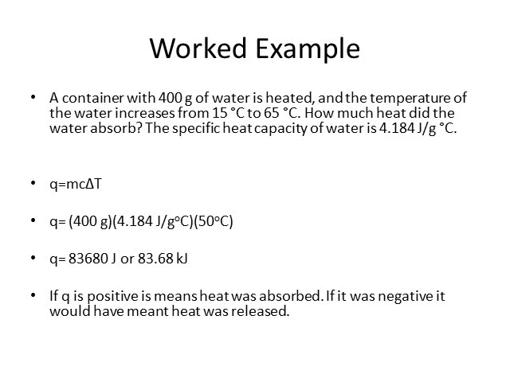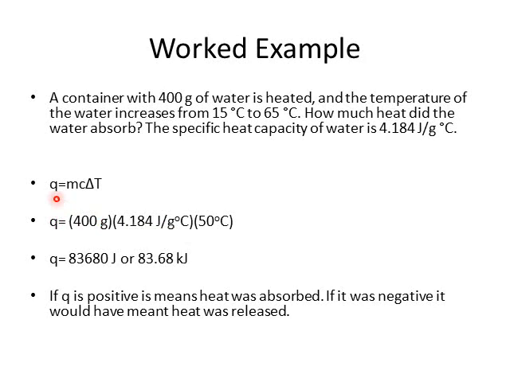So let's have a look at a worked example for measuring heat. A container with 400 grams of water is heated, and the temperature of the water increases from 15 degrees Celsius to 65 degrees Celsius. How much heat did the water absorb? The specific heat capacity of water is 4.184 joules per gram degrees C. So the first thing I do is write down my formula.